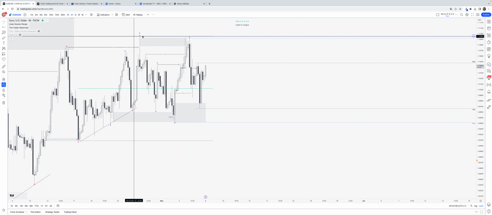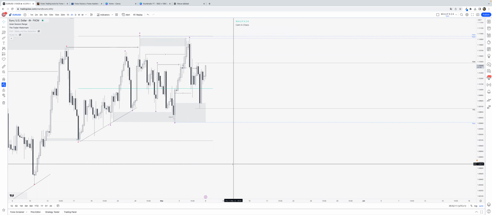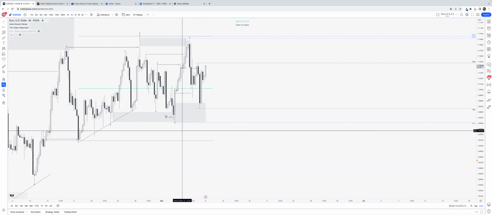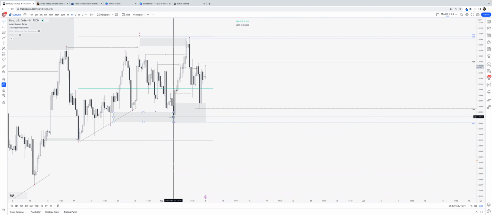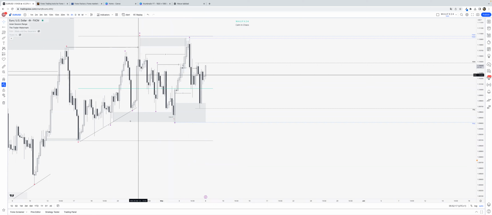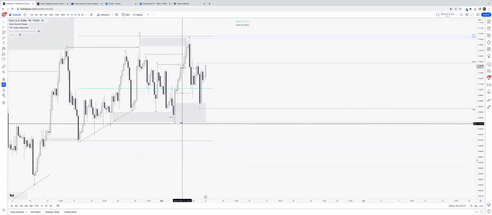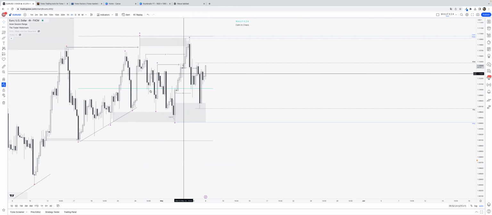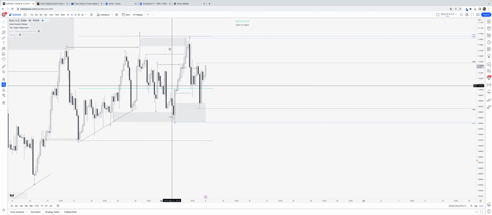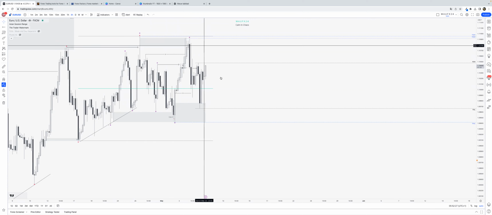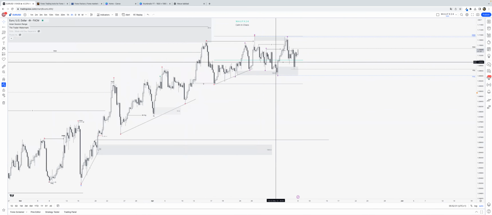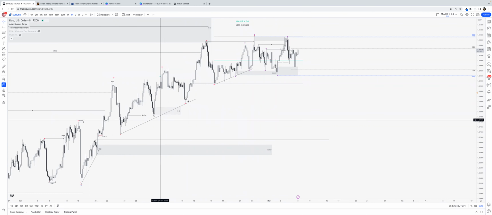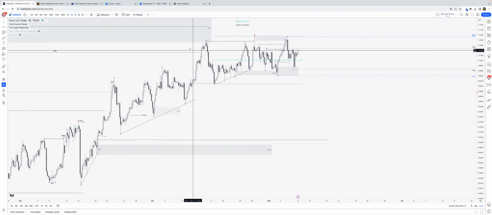So what do we know? Well, we know that we are inside this red range. And we know that we got this purple structure realigning now with a red structure. We know that we got two previous weekly highs above. We also know that we got some liquidity down here, this low, but now we're playing this red range.